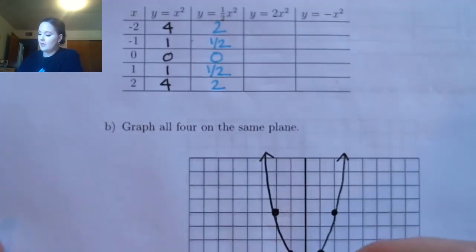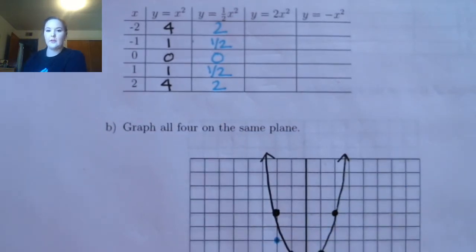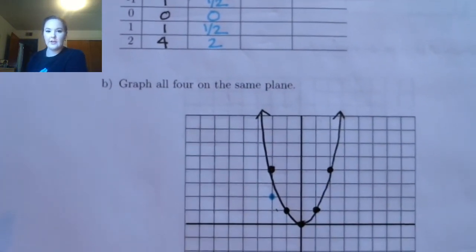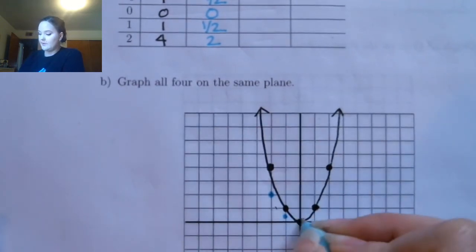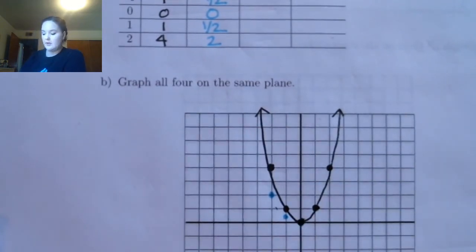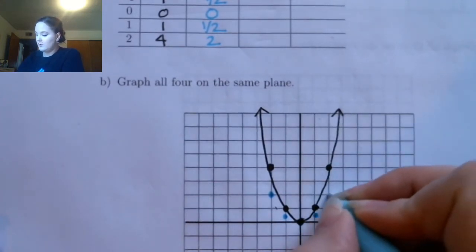I have negative 2, 2. Then I have negative 1, 1/2. I have 0, 0, I have 1, 1/2, and I have 2, 2.